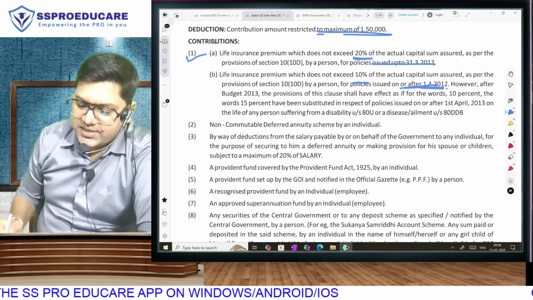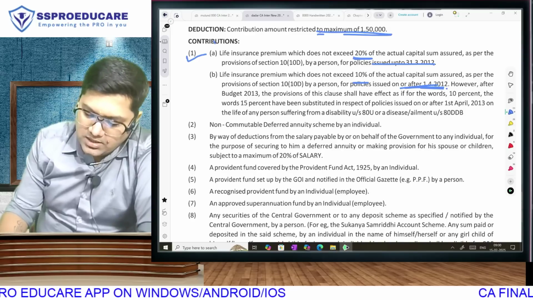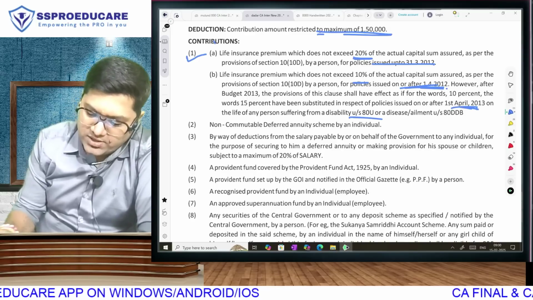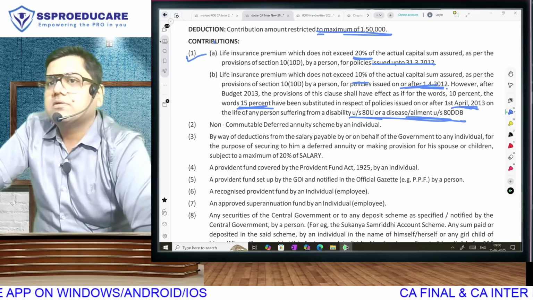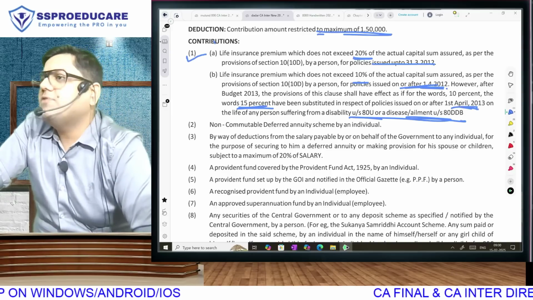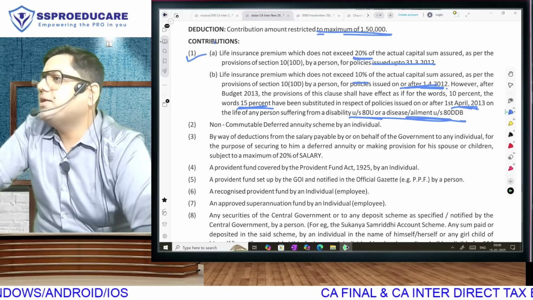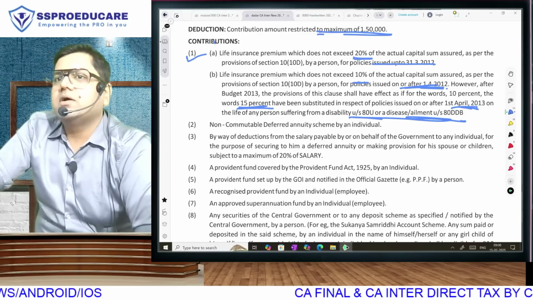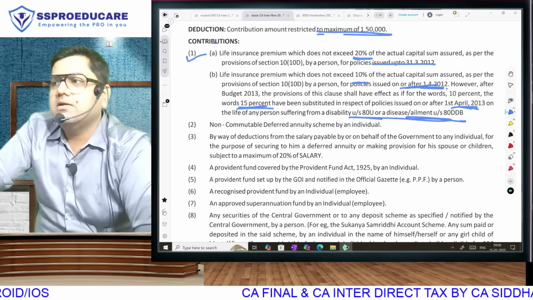And for any policy taken on or after 1st April 2013, in respect of any person who is disabled or handicapped, the deduction will change to 15%. So up to 11-12 for everyone it is 20. In 12-13 for everyone it is 10. From 13-14, normal people are still at 10, but disabled are at 15.